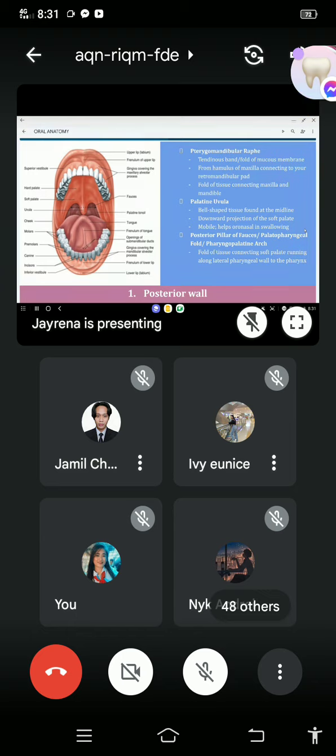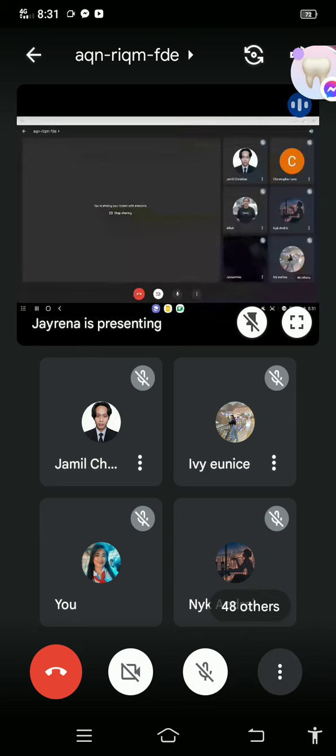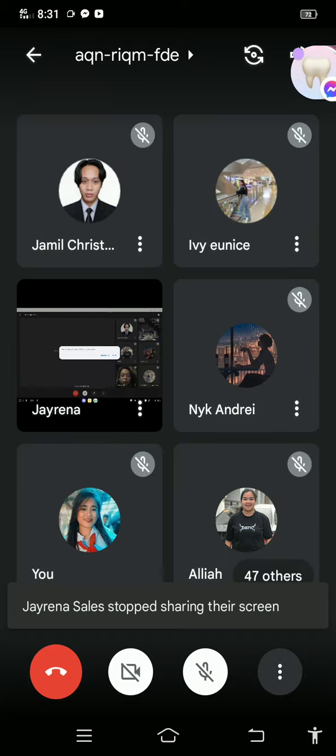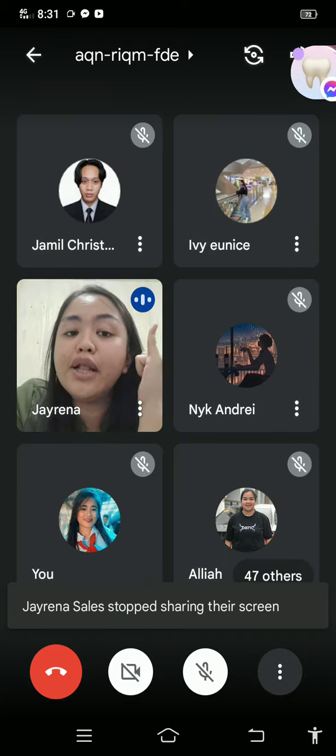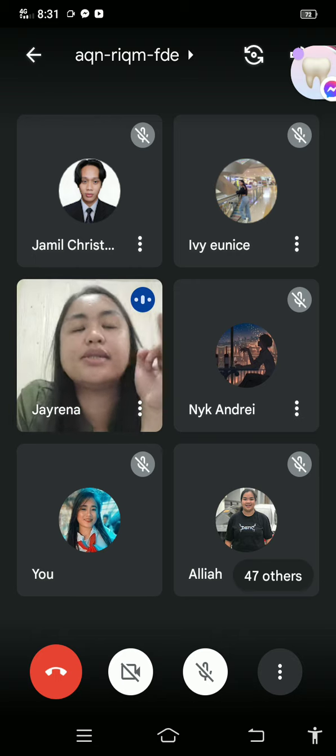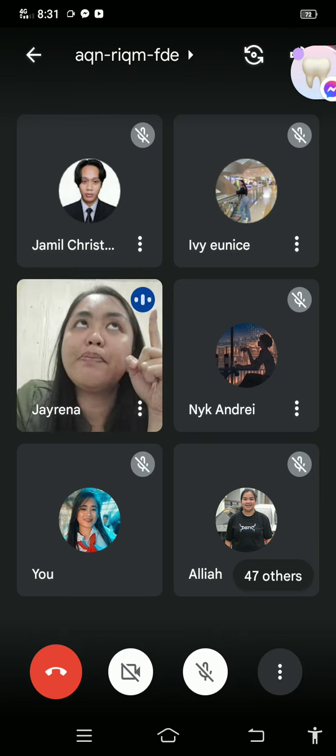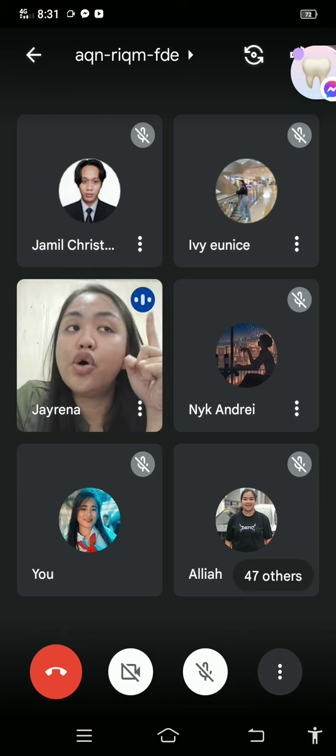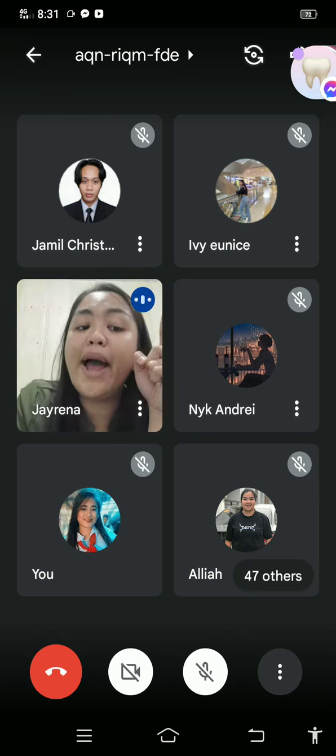Okay? Naintindihan po? Do you understand the terms? Or magulo? Meron tayong anterior pillar of fauces and meron tayong posterior pillar of fauces. Pag sinabi mong anterior pillar of fauces, it is also known as your palatoglossus or glossopalatine arc.